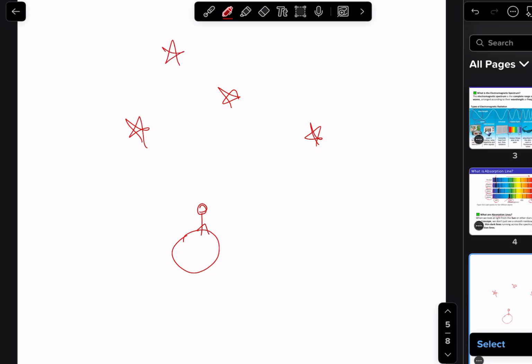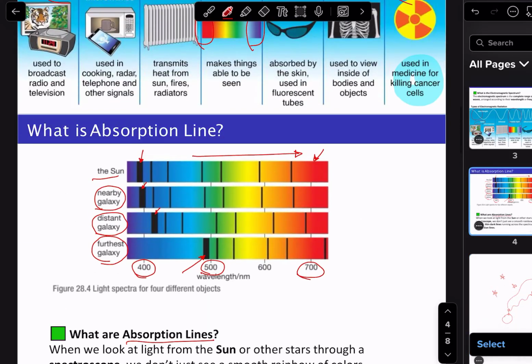He is observing the stars. He will find that as the stars are moving, the waves are being stretched. The farther the star is, the more the redshift.